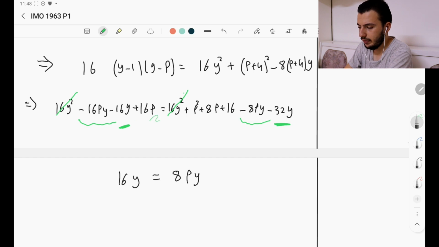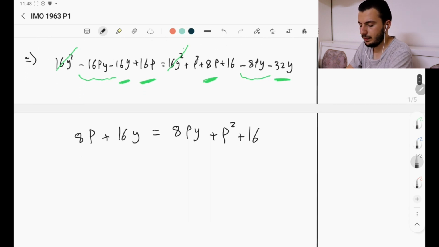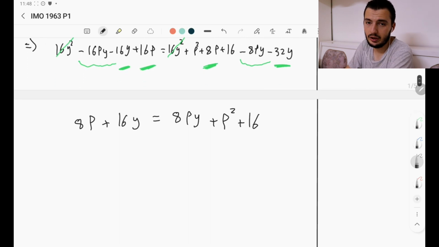Next we have 16b here and 8b here, so to the left it will be 8b. And finally we have a single b squared here plus 16. Now we simply need to find y. This is a linear equation in terms of y. You can easily find that.